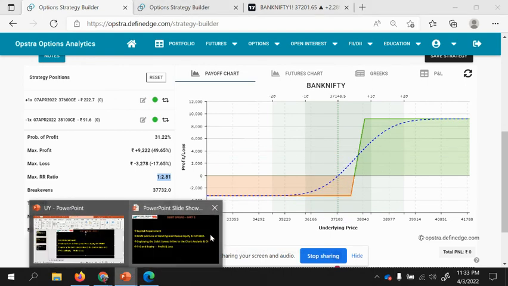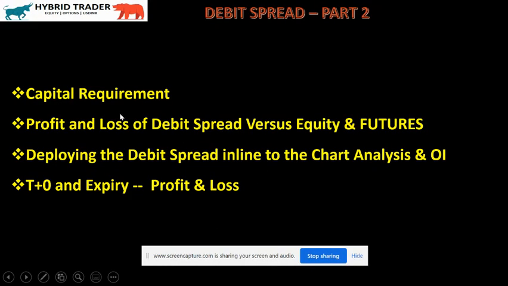All right, I think we have covered almost all the remaining topics, like what the capital requirement is, and what the profit and loss of a debit spread is versus equity and futures. Deploying the debit spread in line with chart analysis and open interest, friends, this is important.